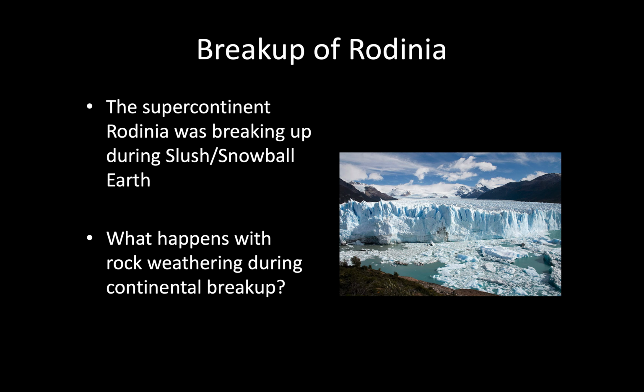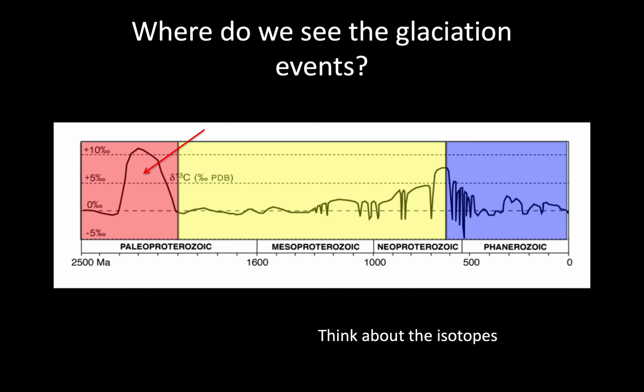So again, let's go back to our cookie analogy. Rodinia is a supercontinent, and if we take a giant cookie and break it up with a hammer, as a geologist might do, you'd see a lot of crumbs going off. And when we have all those crumbs in the ocean, they're going to be helping life flourish, with nutrients. So all that rock weathering is going to be going into continental breakup, and it's going to be burying a lot of that organic carbon.